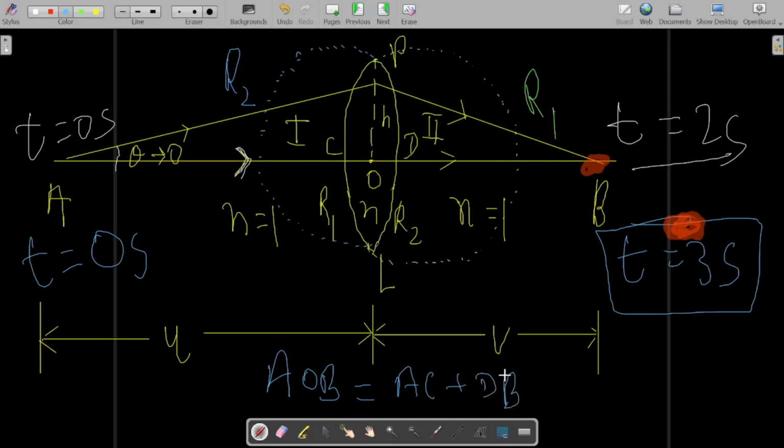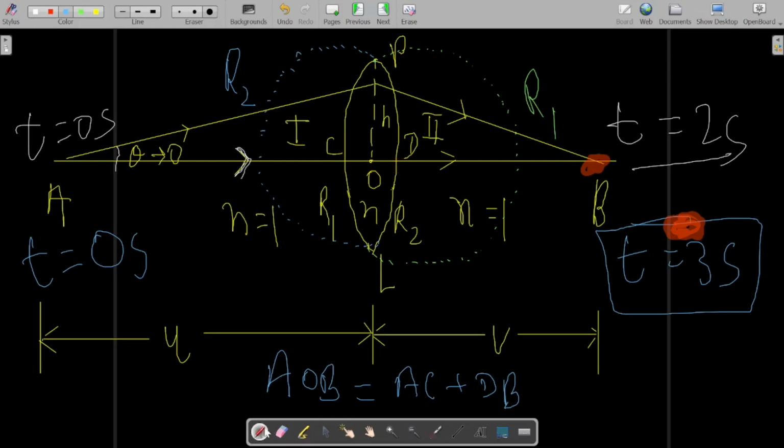These two are in air, right? AC and DB are in air. This is quite clear, right? AC, this part is traveled in air, and DB, this part is also traveled in air. What is traveled inside? This much is traveled inside the lens.